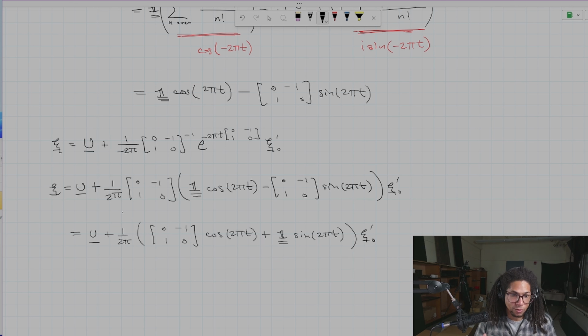It's maybe not as clear in this setting as it was in the complex plane, where I think students are probably more familiar with the way that a function tracing out uniform circular motion looks as a complex function, namely e to the something times e to the I something times t. Whereas in this case, we're getting these cosines and sines, but multiplied by these kinds of matrices, which somehow also tell us about uniform circular motion.